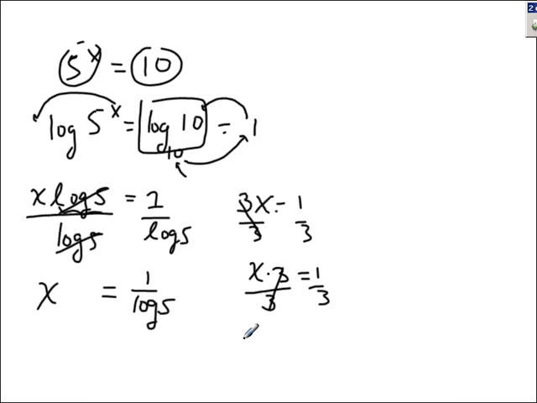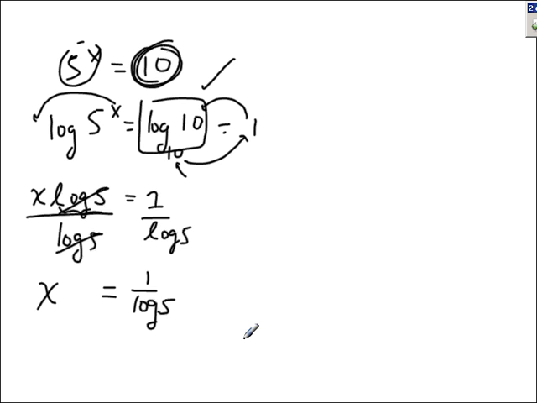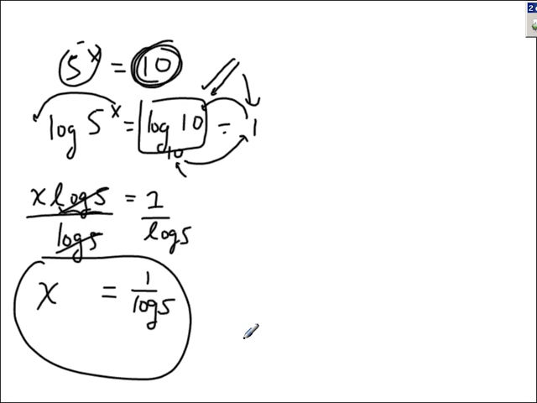You could have solved this using ln's, but this problem screamed to use logs because of the 10. Because log 10 was simply the number 1. Most times your answers, look at the very last line, most times your answers will involve 2 logs.